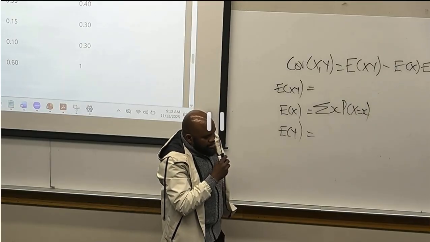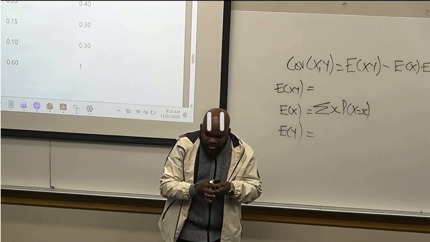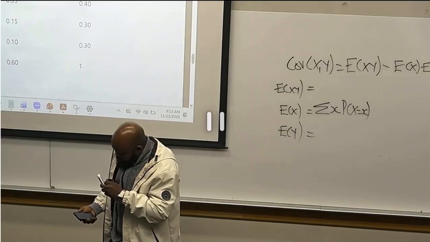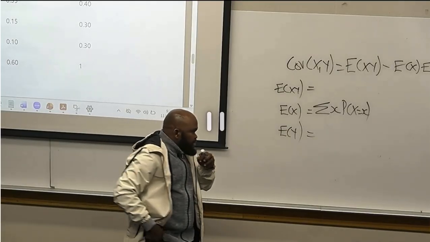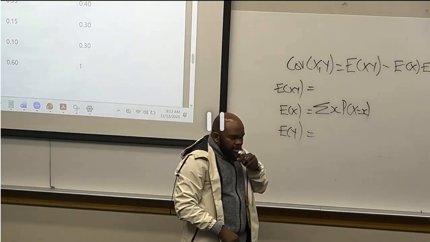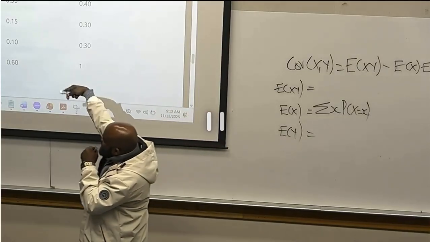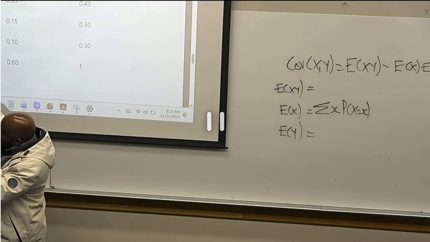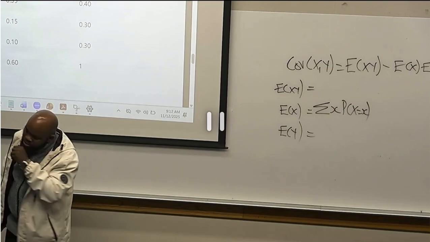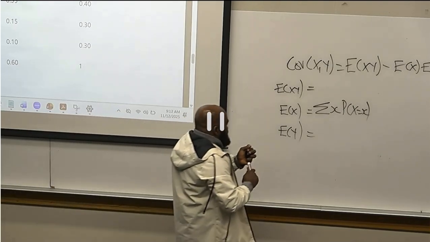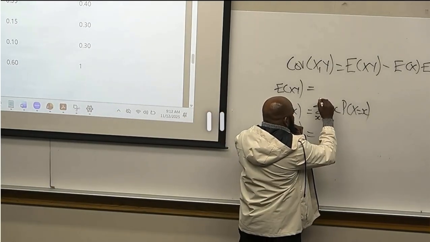Like I said, you need to be able to write the formula down. The formula is very, very crucial. If you take a look at this particular problem, you can see X starts from 1 to 3. So here, I'm going to say X starts from 1 to 3.